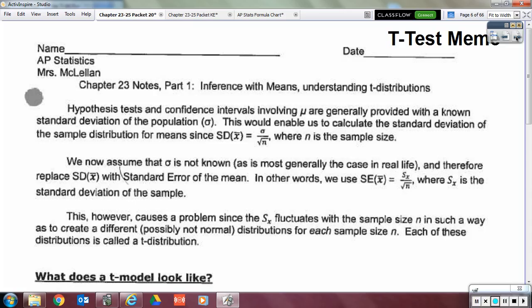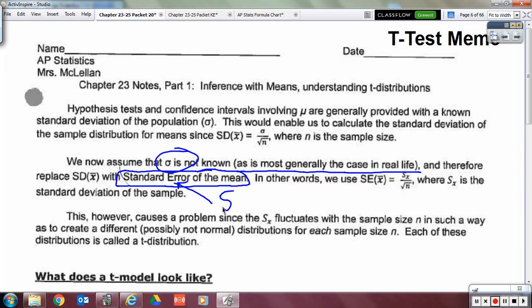Okay, so essentially, again, as most generally the case, in real life, you pretty much don't ever have the real mean, and furthermore, you don't have the real standard deviation. We will have to use the standard deviation of the sample. Because we are using a standard deviation of the sample, we actually will see it sometimes referred to as the standard error.